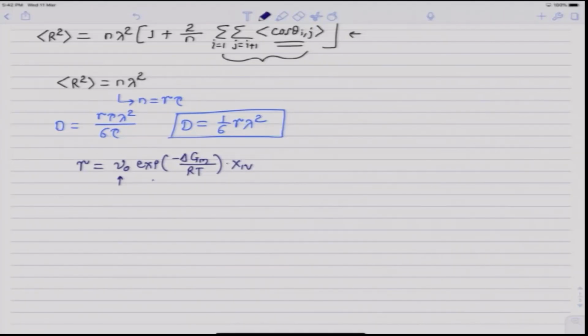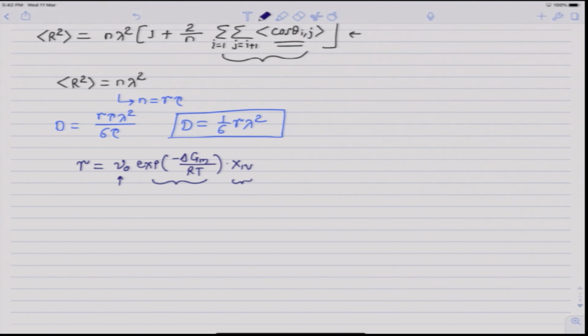The second term, the exponential term, basically represents the probability that a particular vibration will have an energy equal to or greater than the activation energy for migration, that is delta Gm, and X1v represents the probability that a particular site is vacant. X1v is basically the equilibrium concentration of vacancies.